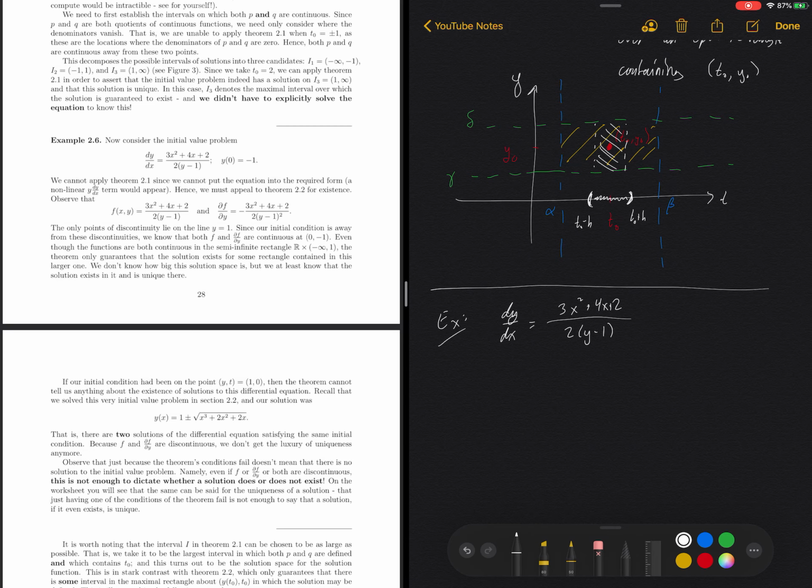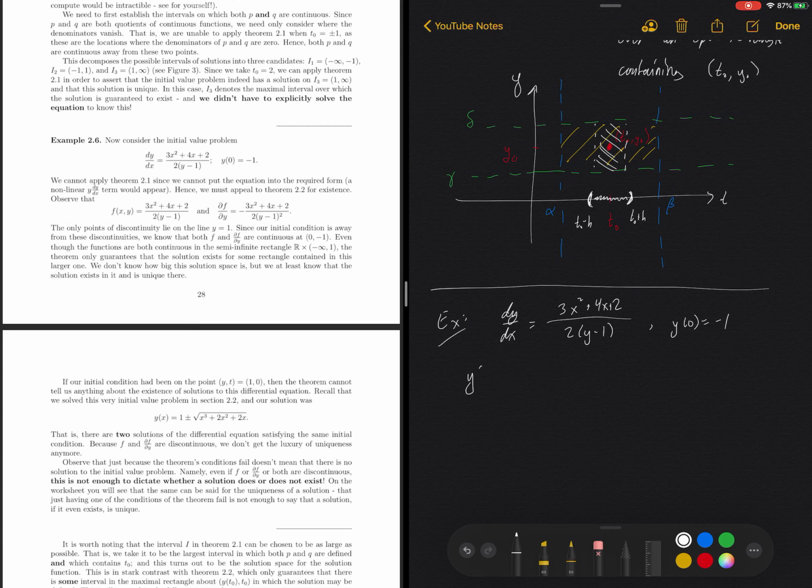So I'm going to go ahead and take dy/dx equal to this rate function, (3x² + 4x + 2) over (2y − 1). You might recognize that we did an example like this in an earlier video. Just check out the playlist for separable equations.